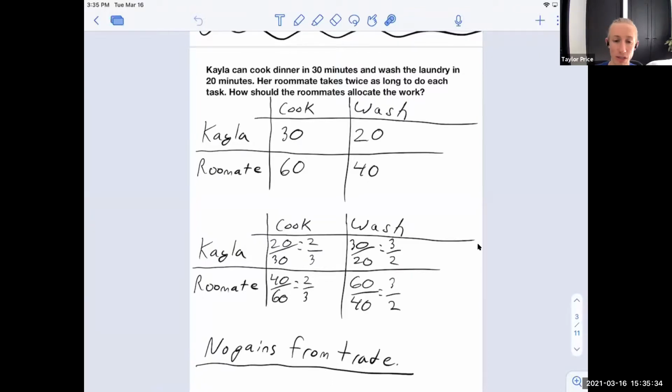And we can see that they actually have the same trade-offs. Because of that, there's going to be no gains from trade because no person has a lower opportunity cost. There's not really going to be any gain because there's no difference between the opportunity costs.